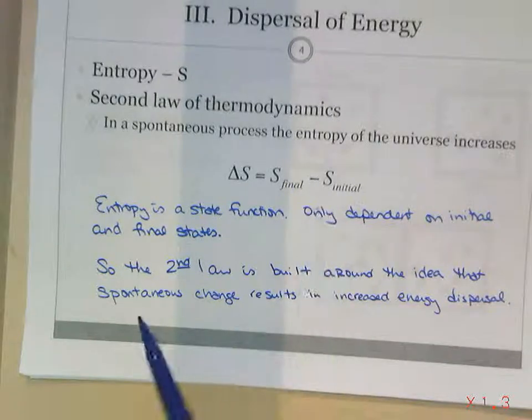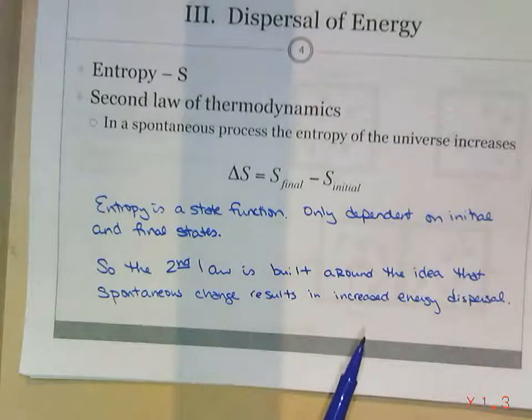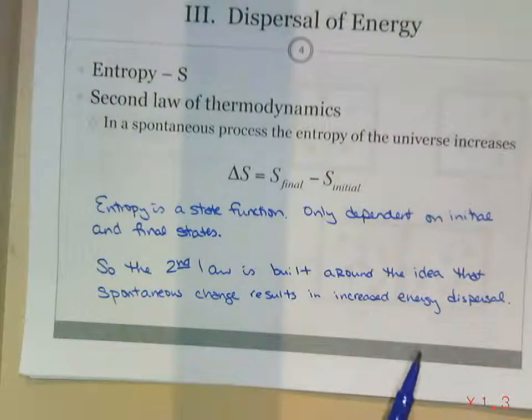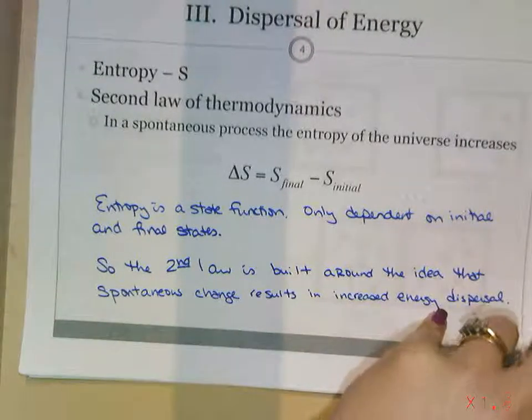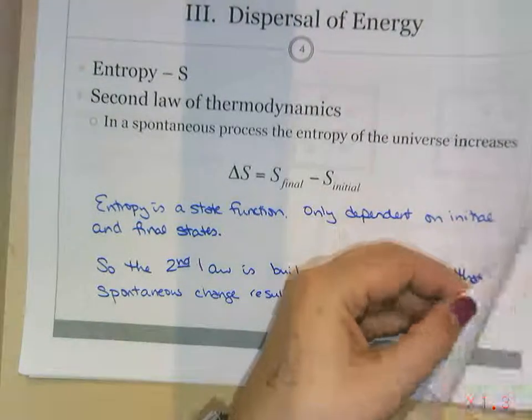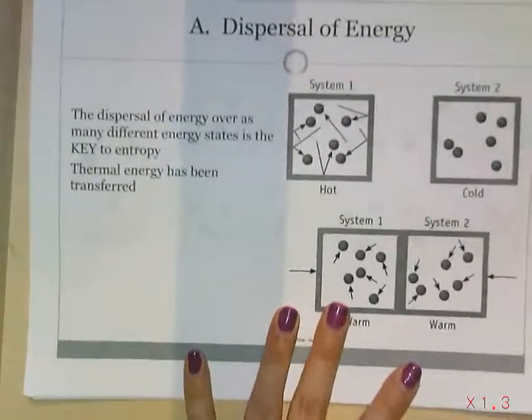So why is that the second law? Well, let's take a look at a very small scale experiment and see if we can make some predictions about bigger scale experiments. So let's say we have this experiment.